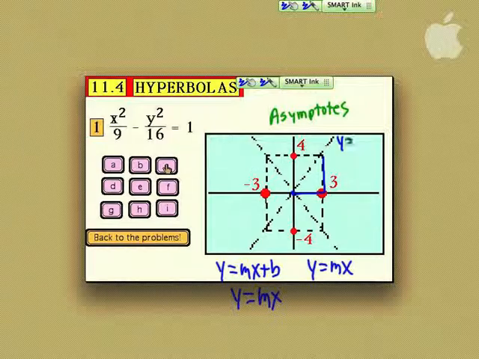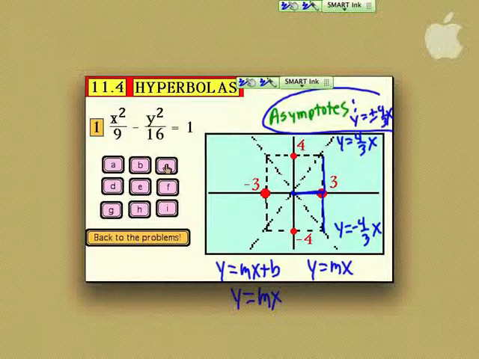So this line will be y equals 4/3 x. And if we start at the origin, go to the right 3 and down 4, the slope for the other line is -4/3, so we'd have y equals minus 4/3 x. So we could summarize by saying our asymptotes here are y equals plus or minus 4/3 x. There they are.